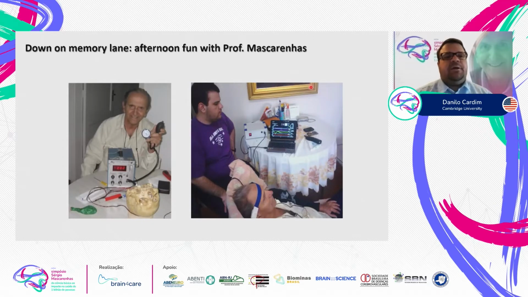So my trajectory into the study of non-invasive intracranial pressure started with Professor Mascarenhas back in, I would say, 2007. Here we take a trip down memory lane, where I had this fun afternoon with Professor Mascarenhas at his house in São Carlos, assessing his intracranial pressure non-invasively with the Brain4care sensor.